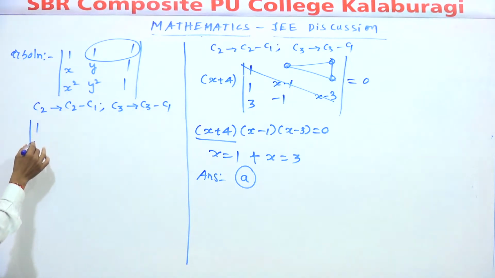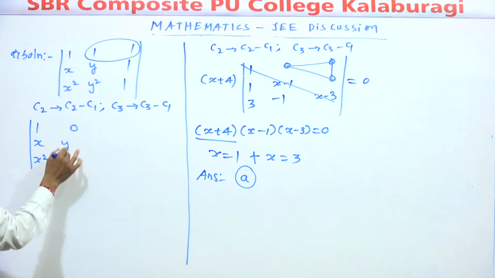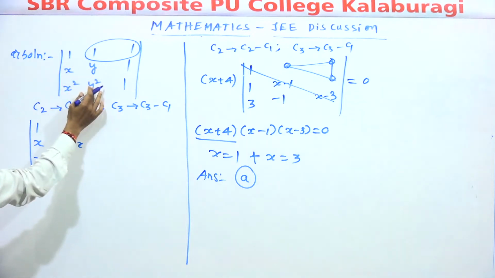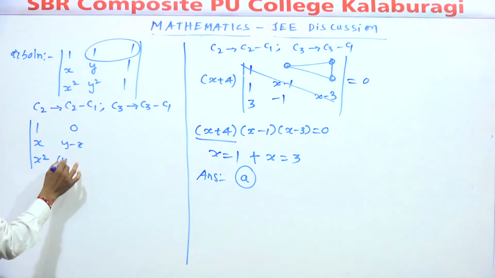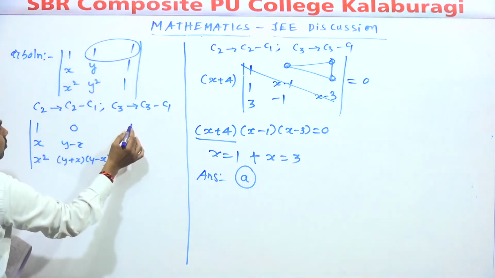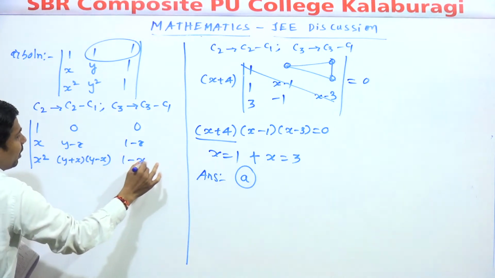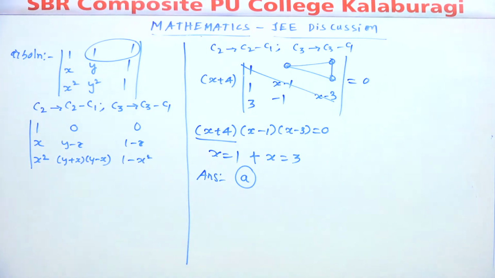So C1 keeps as it is: 1, x, x square. It is 1 minus 1 is 0, y minus x for C2 minus C1, and y square minus x square you can write as y plus x into y minus x. 1 minus 1 is 0, it is 1 minus x, it is 1 minus x square, right?